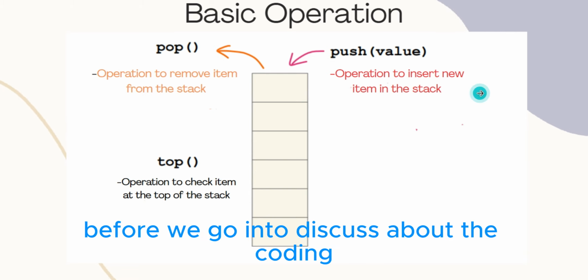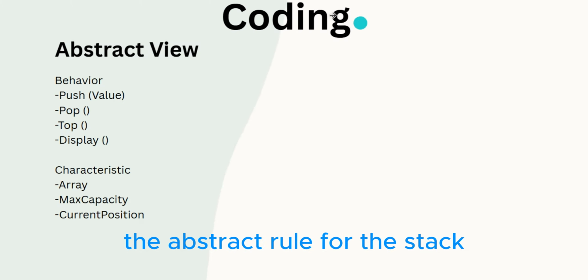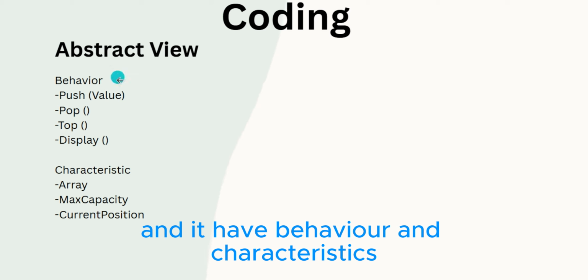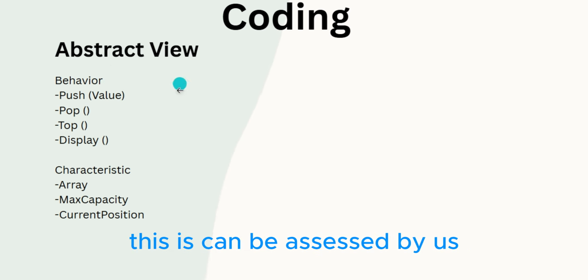Before we go into the coding, I would like to share with you the abstract rule for the stack. For a stack, we will use a class, and it has behavior and characteristics. Behavior is the public part, meaning it can be accessed by us.